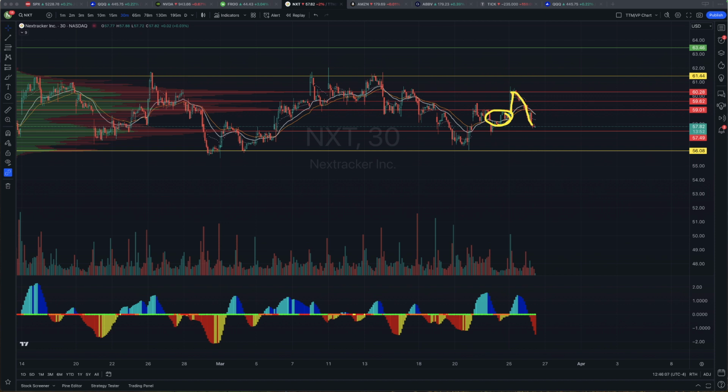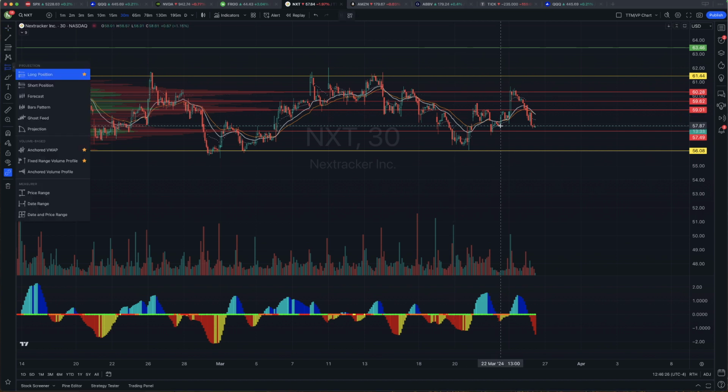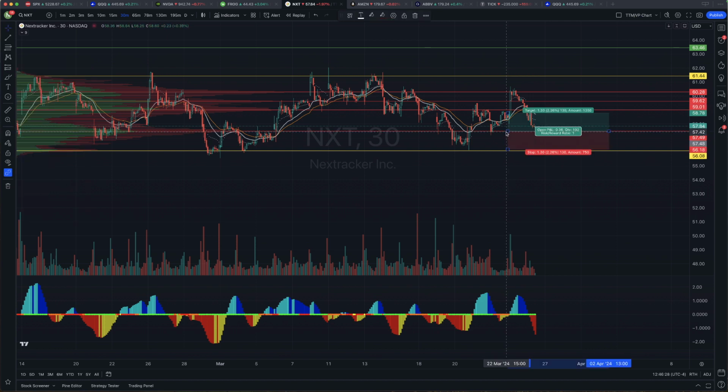Okay. So if I had put on a trade in here, this is still not broken, right? I'd put it on near this red line I've put in, but let's go a little higher.